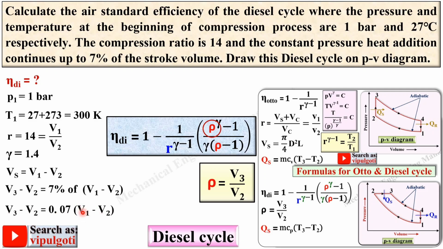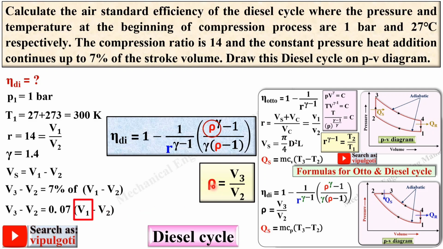So you need to express V1 either in terms of V2 or in terms of V3, so that you can simplify this equation and find the ratio V3 by V2. Here it is given to you that V1 is 14 V2. So put V1 equal to 14 V2 over here and simplify this equation so that you can find the ratio V3 by V2, and that is actually the cutoff ratio.